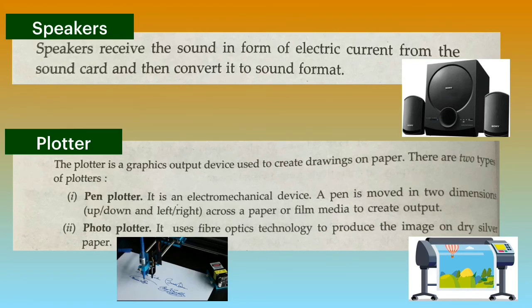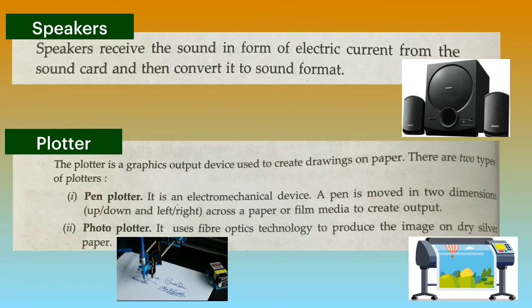Now the plotters. The plotter is a graphic output device used to create drawings on paper. There are two types of plotters, pen plotters and photo plotters. The commonly used plotter is the photo plotter.